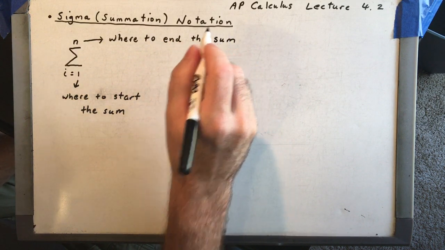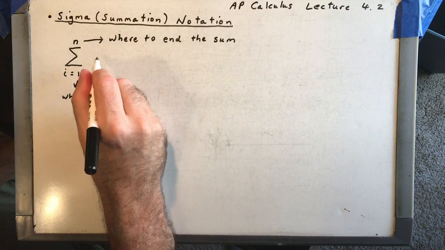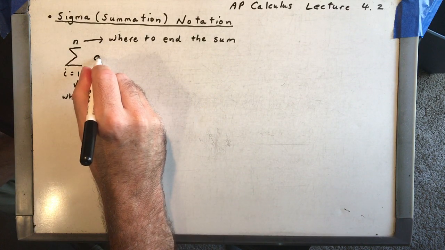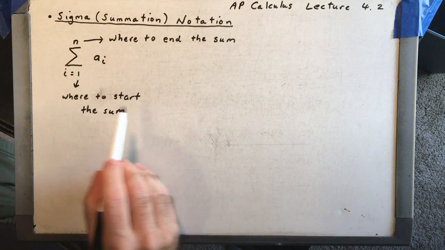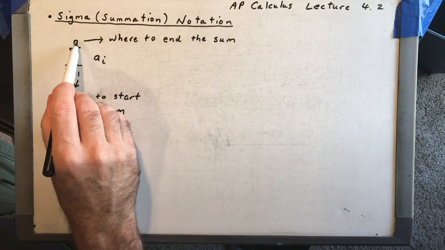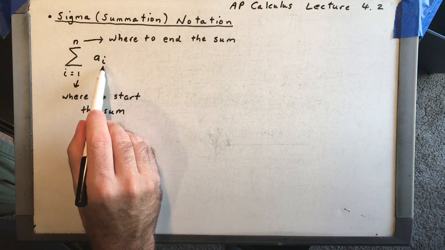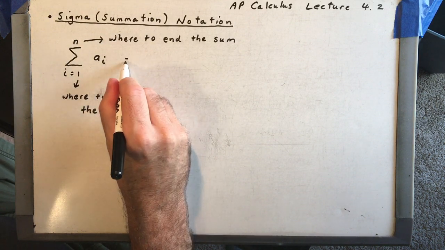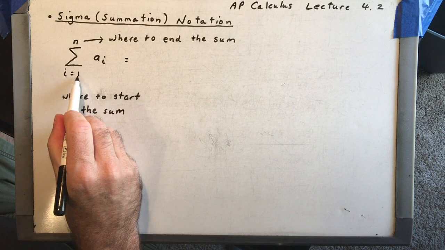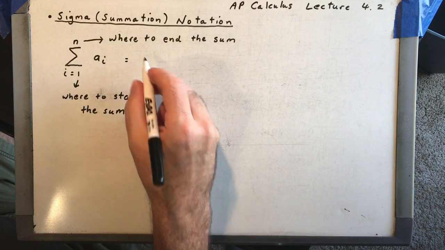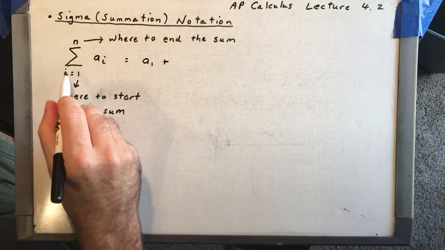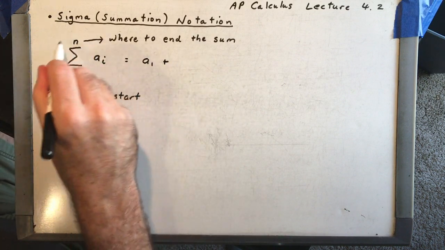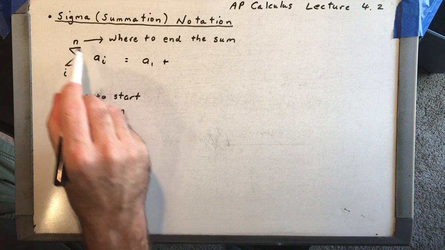So let's say that we want to sum up from i equals 1 to n of a sub i. Well, how you do that is you start at 1 and you just plug in 1 for i. So you'd have a sub 1 plus, and then you go around and around and increase i by 1 each time.